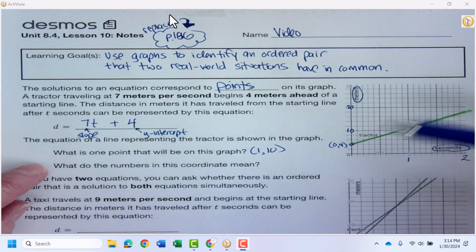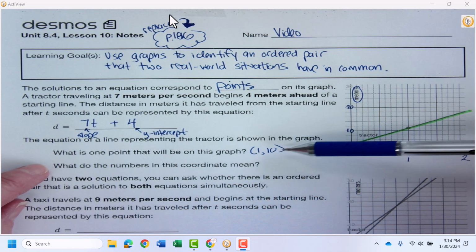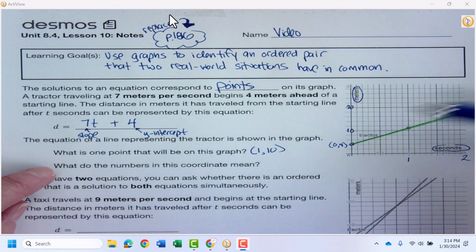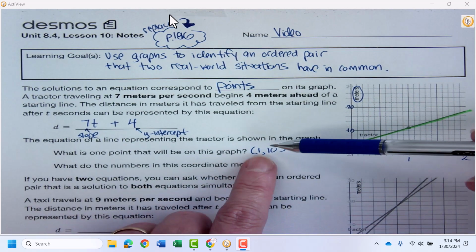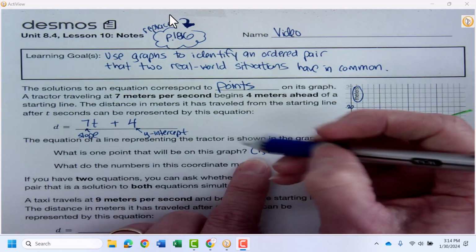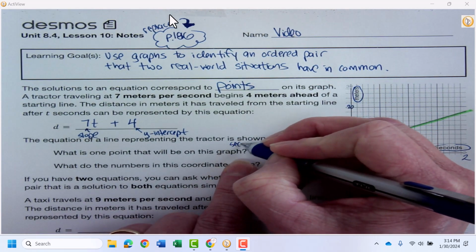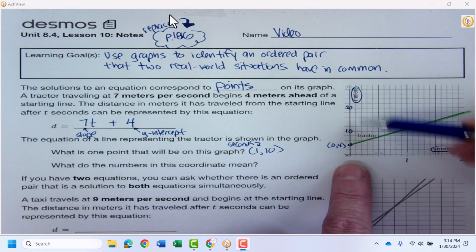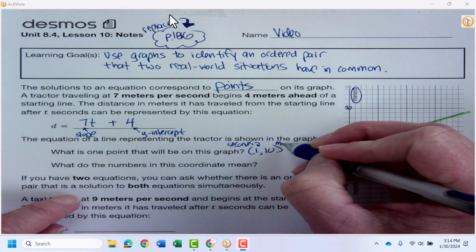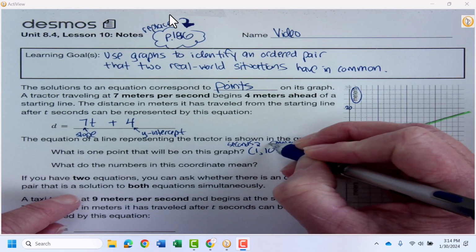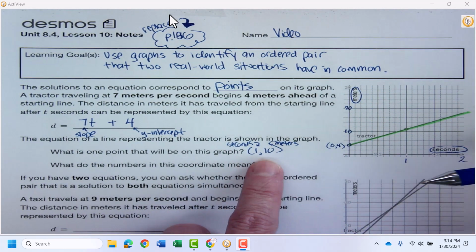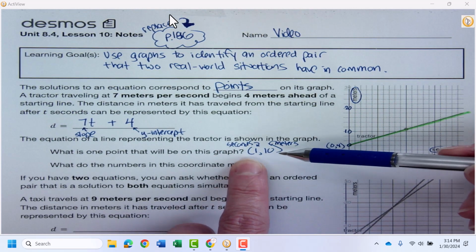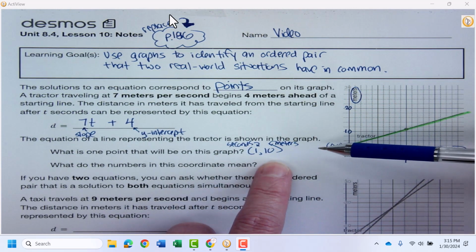What's important in this lesson is to make sure we understand how to interpret this coordinate. What do these two numbers mean in this context? Well, we know that the x value represents seconds. And we know that the y value represents meters. So if we were asked what does that coordinate mean, we can say that at 1 second, that tractor has traveled 10 meters.